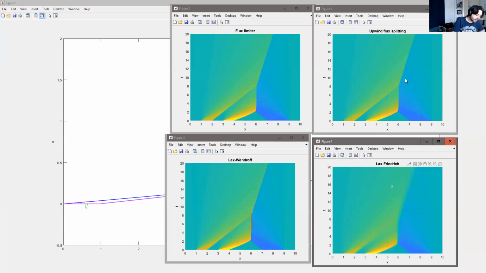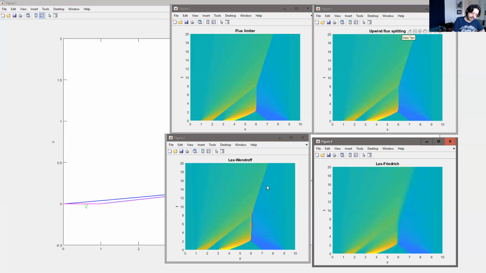The upwinding scheme, you can see that it's also kind of a sharp interface, but if you zoom in, you can see that the interface is much less sharp than it would be for the flux-limited scheme, which I would consider to be the best and most accurate scheme. Also, if you look at where this position is at the end, you can see that there's a slight difference between the flux-limited and the upwind scheme. The upwinding scheme is slightly slower because the shock speed is underpredicted.